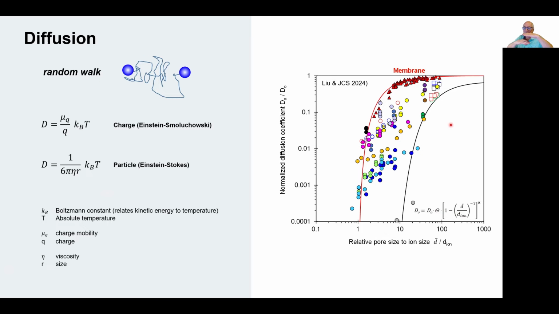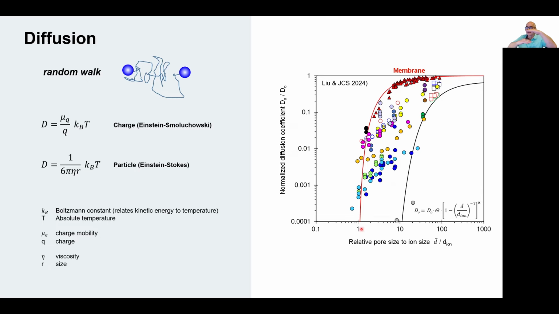In fact, we go from what is called fixed diffusion at large pores to what is going to be called Knudsen diffusion in small pores. But without going into further details, the effective diffusivity of different ions decreases as the pore size decreases.